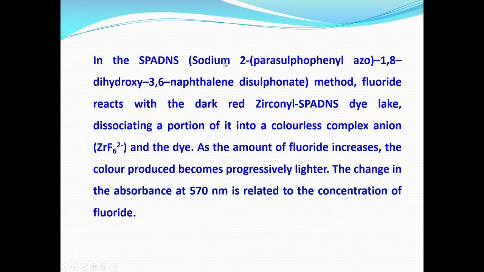So, I have written here the formula. You do not have to remember it for the sake of examination or something like that, but in short form, if you go to the market and chemical suppliers and say you want SPADNS, then it is easy to get the chemical.